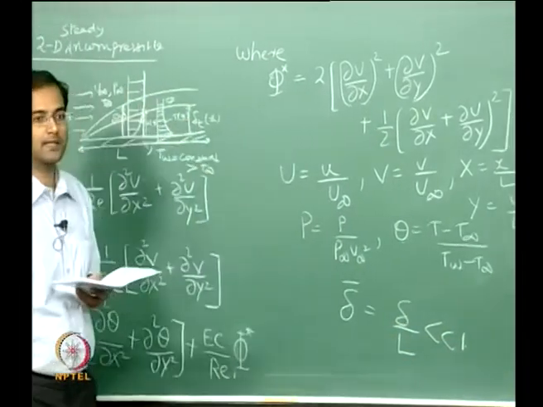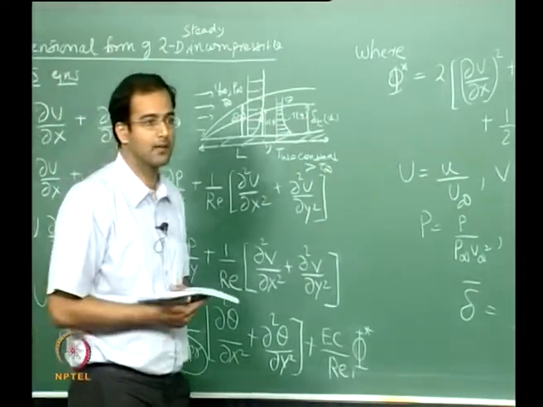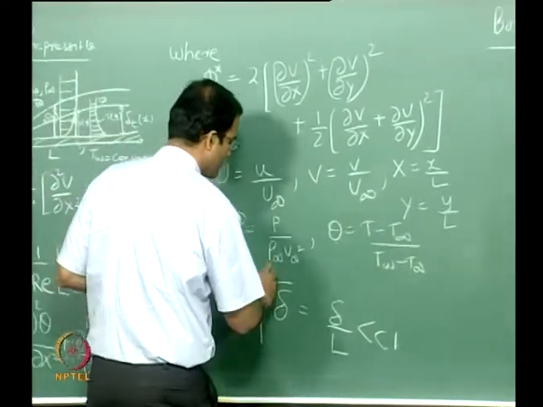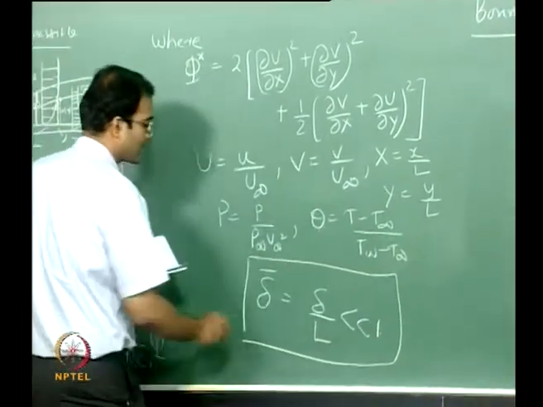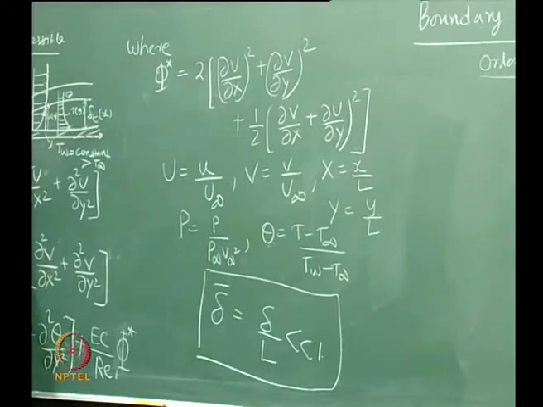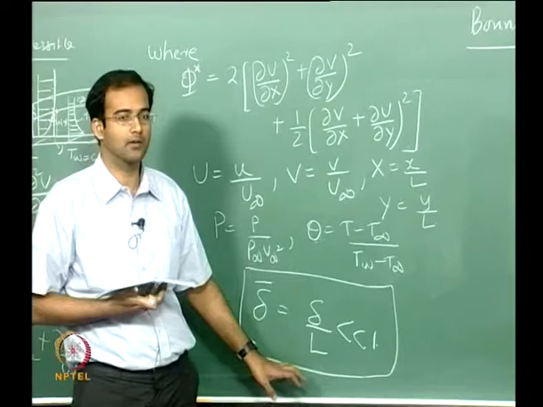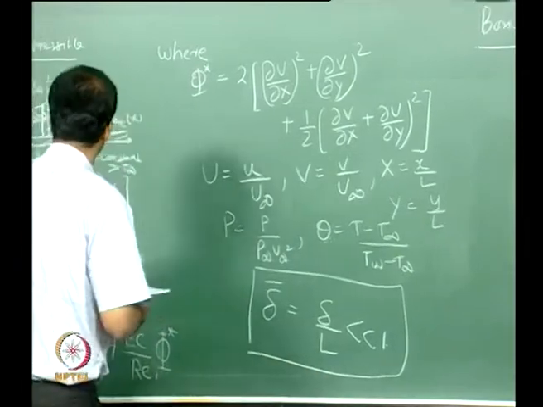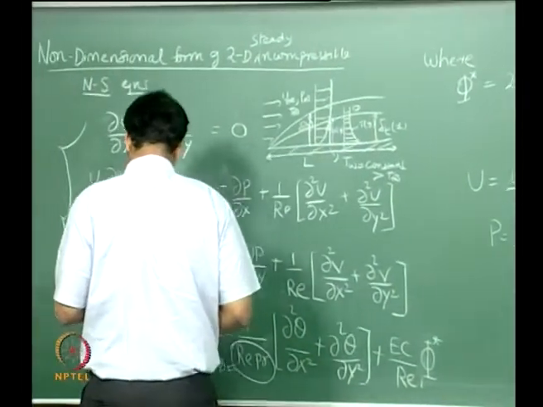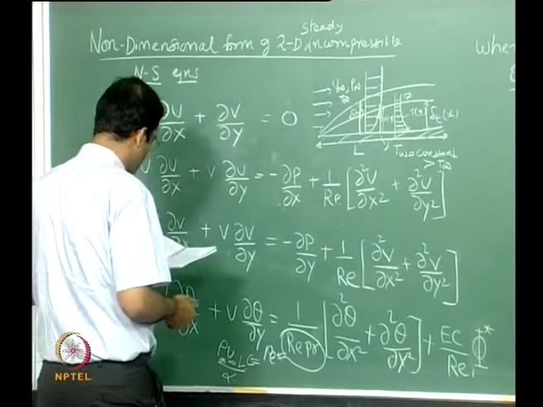This is where the scaling starts. The very first approximation you introduce is when you scale your boundary layer to the length of the plate; obviously this is a very small quantity.